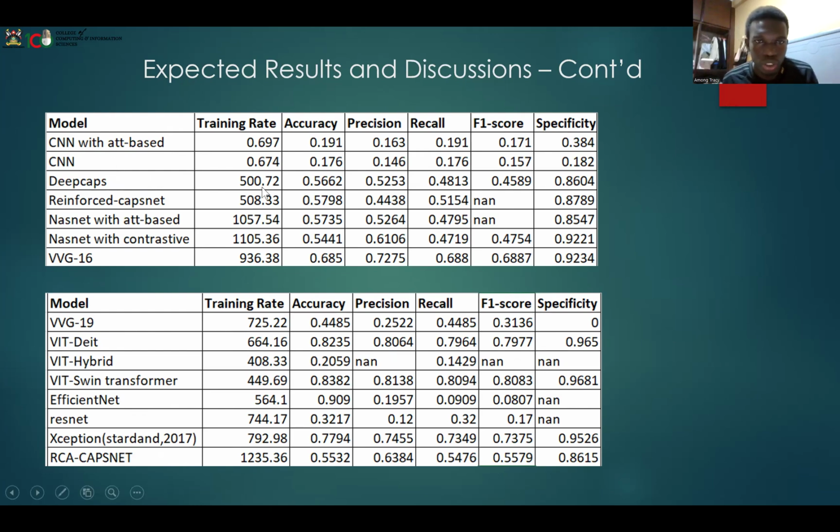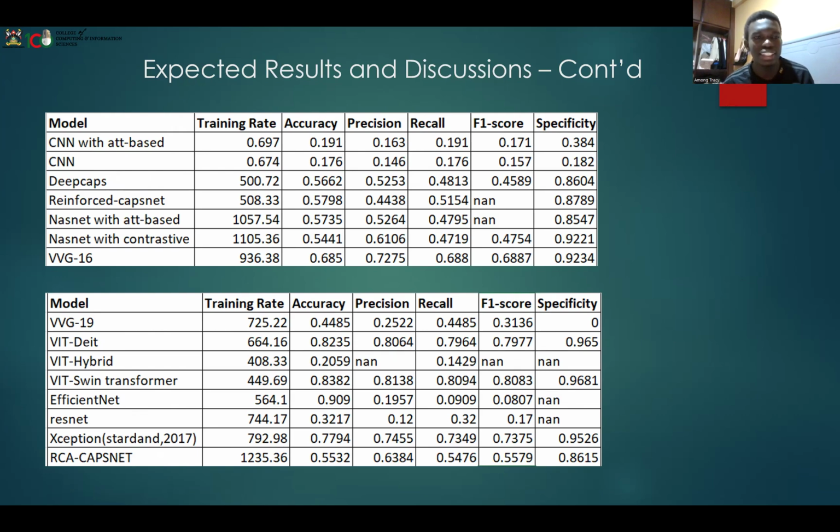As you can see, some models really had very low accuracy, like the CNNs, and then deep caps and reinforced capsule networks also had accuracy that wasn't that high, nor the precision and the recall. And then when you come down, you see things like the vision transformers really performed very well.